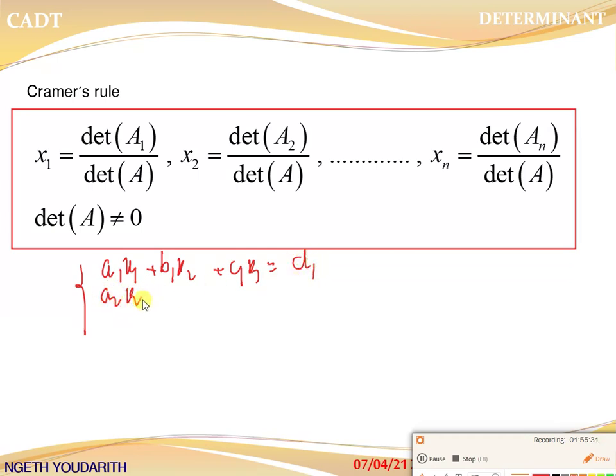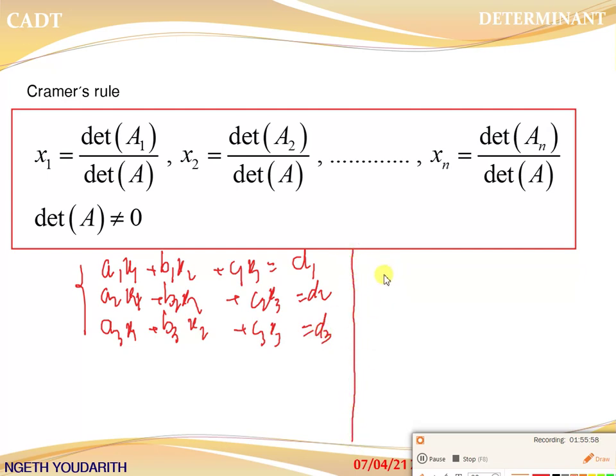A2 x1 plus B2 x2 plus C2 x3 equals D2. And A3 x1 plus B3 x2 plus C3 x3 equals D3. So this one is the determinant of A.